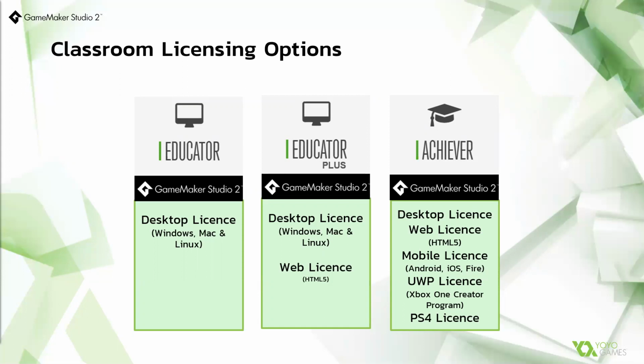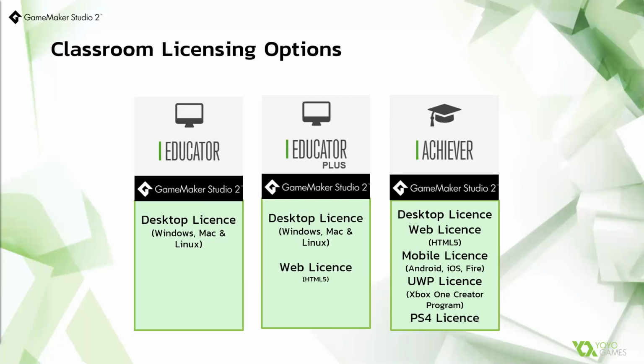There's Educator Plus, which also includes HTML5, our web license, and then Achiever, which is more often used at college and university, where it enables you to export to mobile platforms, Android and iOS.